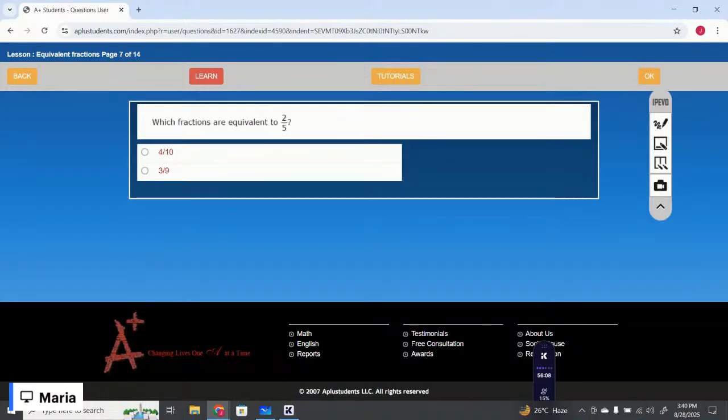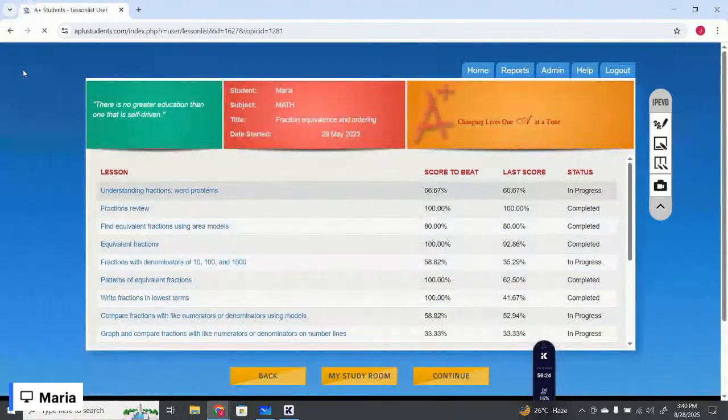Okay, you can complete the lesson by yourself later today. So we were working on grade 4 maths. The chapter we were working on is understanding fractions: word problems, fractions review, find equivalent fractions using area model, and equivalent fractions.